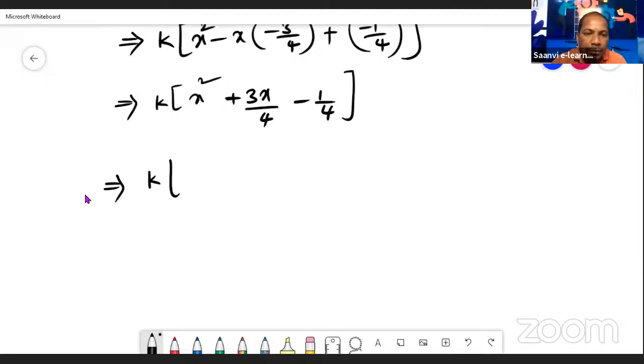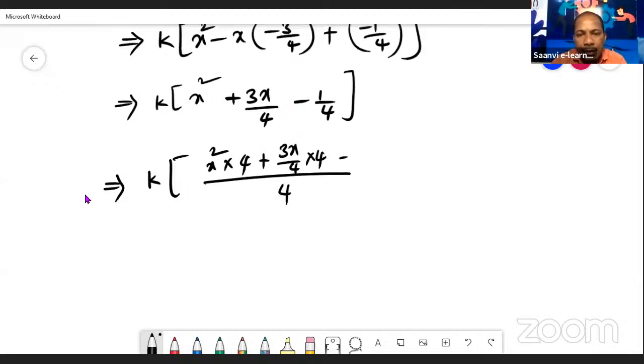Okay. So k of, again same here, 4 is the LCM. So every time we have to multiply by 4. So x square by 4, x square into 4 plus 3x by 4 into 4 minus 1 by 4 into 4. Okay.